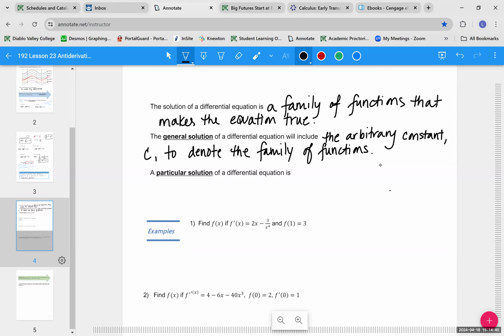However, you can find a particular solution, one member of that family. So a particular solution is one member of that family of functions, and it's going to be determined by a point, a specific point on its curve.